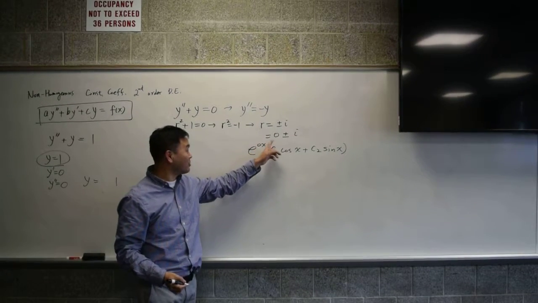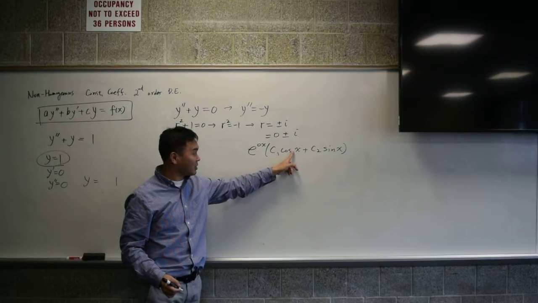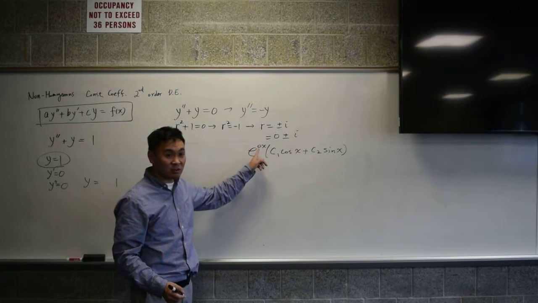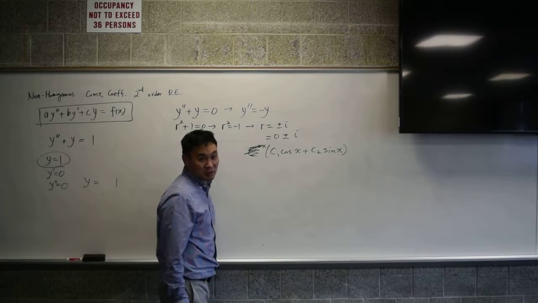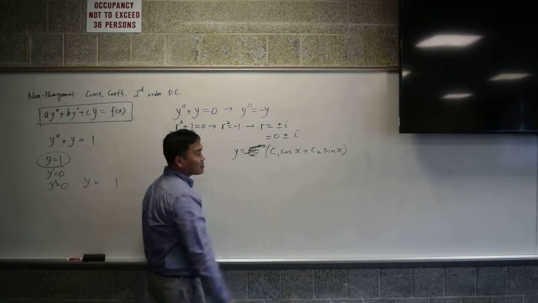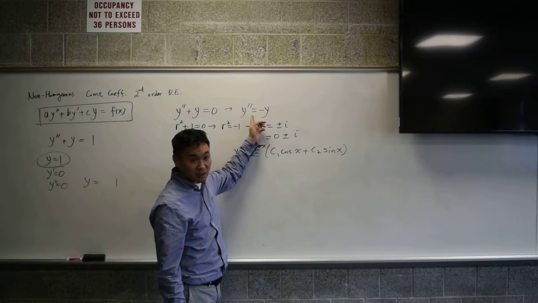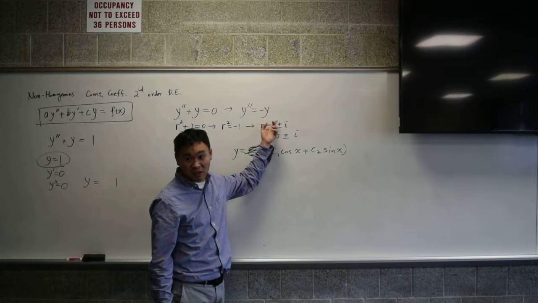Using the standard form, if it's alpha plus or minus beta i, alpha goes here and beta goes there, right? But alpha is 0. What's e to the 0? 1. So that doesn't need to be there, because that's just times 1. And that's exactly what you've predicted, right? Cosine and sine are the two functions whose second derivative is the same as negative of itself.